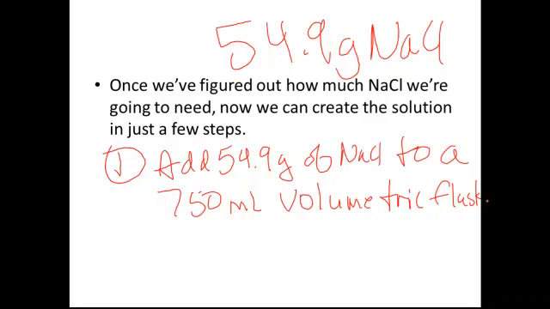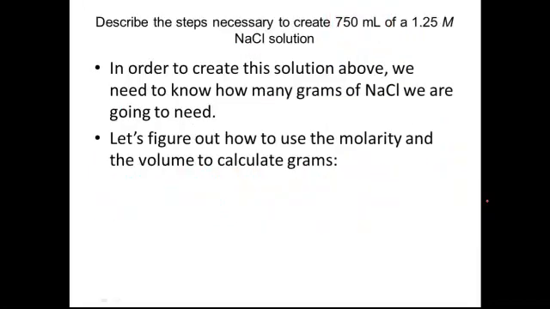Let me come back here and erase this screen. What it looks like is, it's got a little circle at the top for the opening, then it comes down like this and around like this, and there'll be one line on it right here, and that line is the amount we're looking for. So it might be a 500 milliliter volumetric flask. If it's 500, then this line will say 500 milliliters.